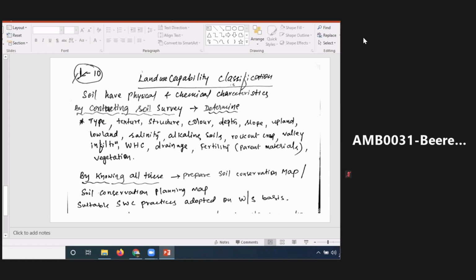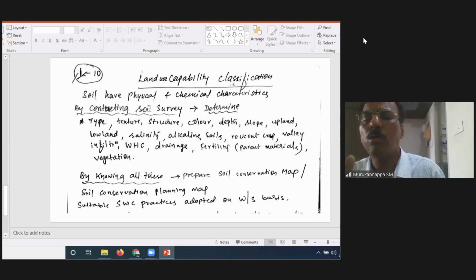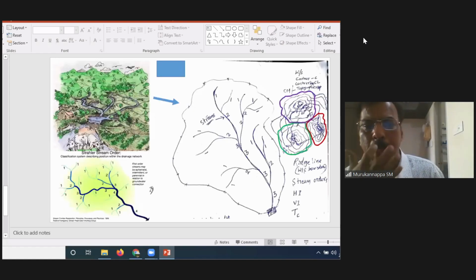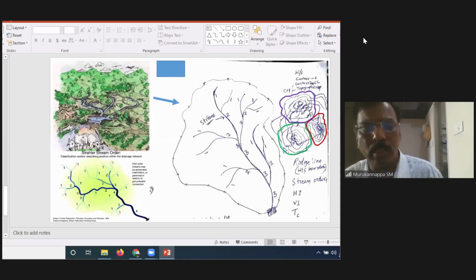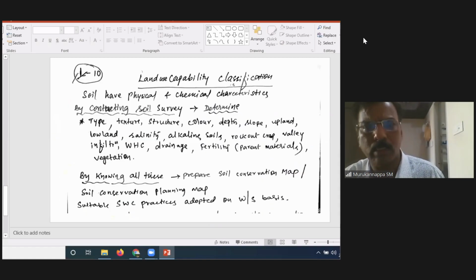Okay. So knowing these characteristics, you have to prepare a map. I gave this diagram here. On the left-hand side you can find the categories of land. Based on these characteristics or features, you have to prepare the map.